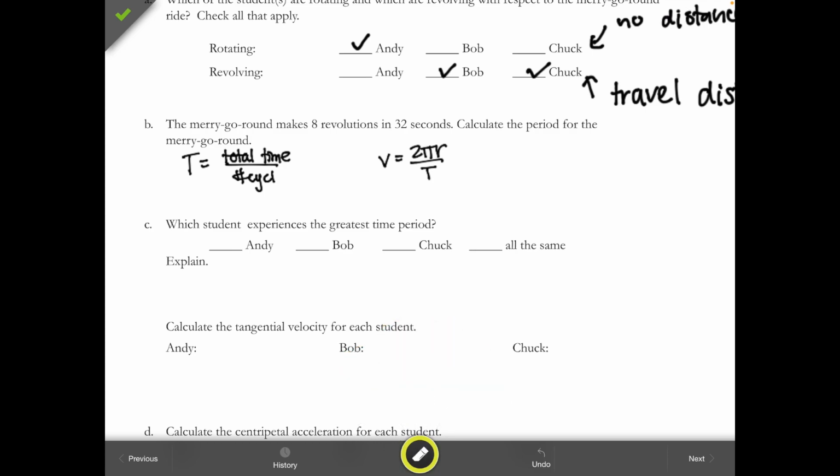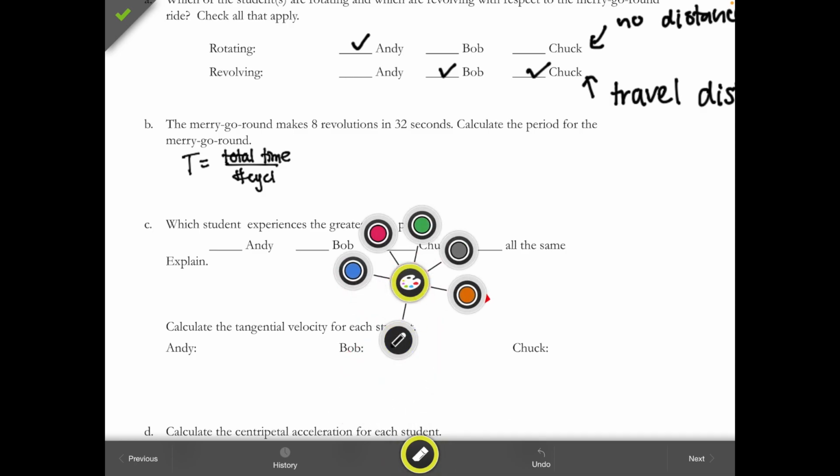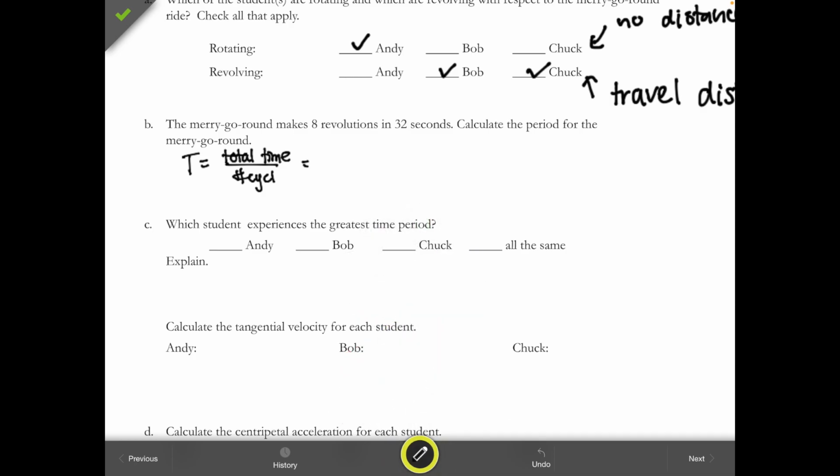I don't know the velocity, so I can't use this. I must use this first time period equation. The total time is 32 seconds, in which it makes 8 revolutions. So it takes 4 seconds per revolution. 4 is the time period.